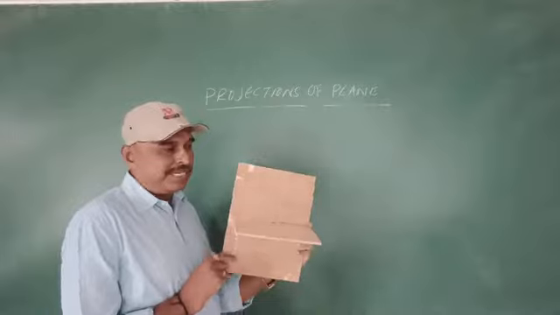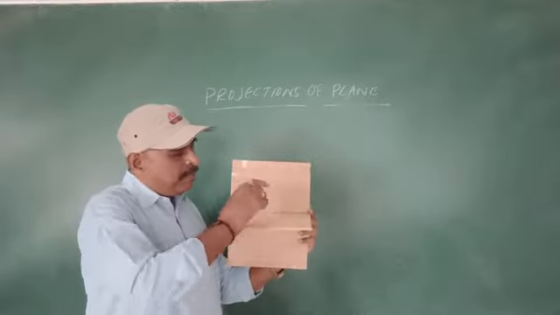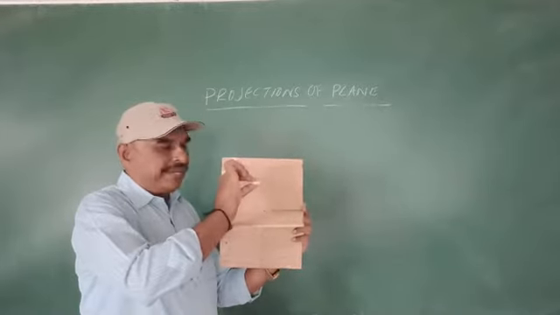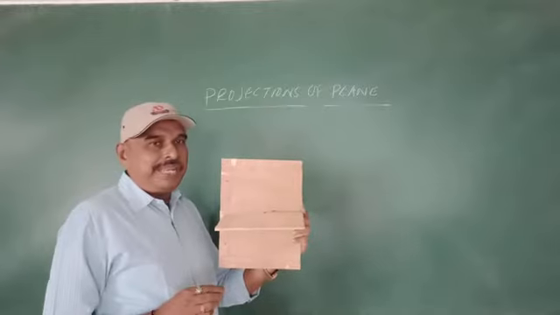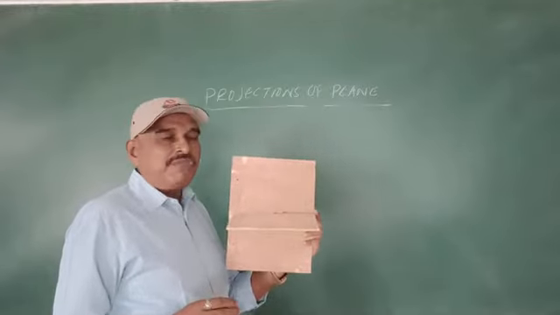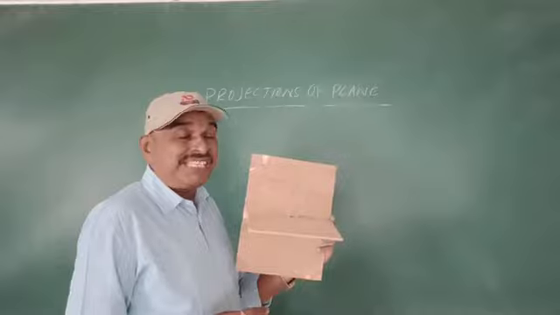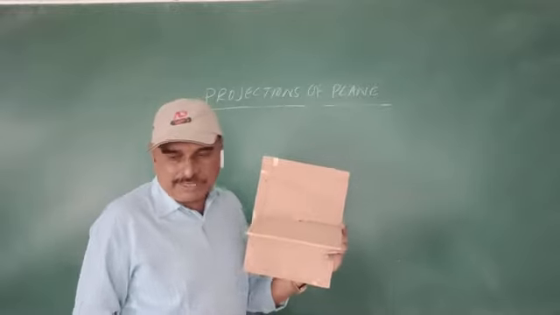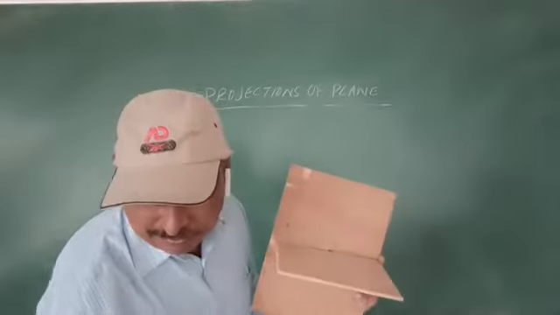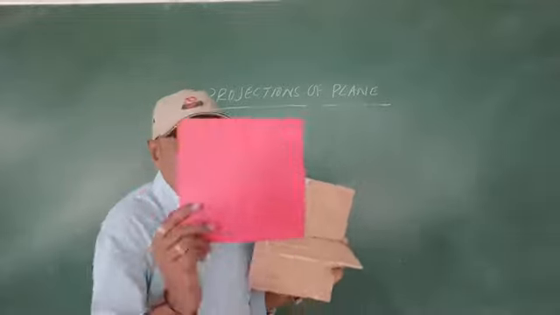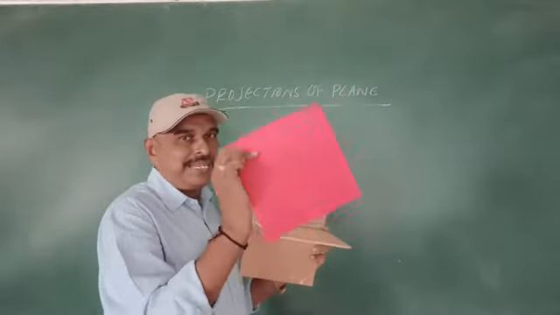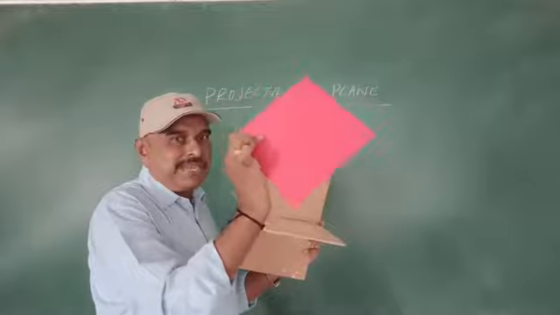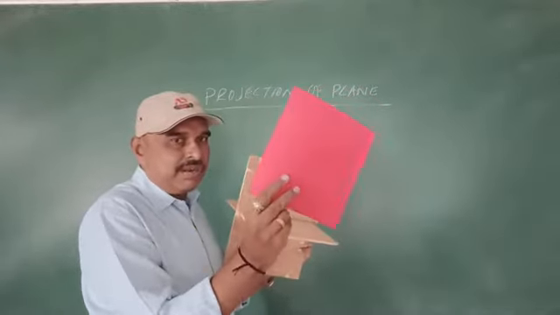First angle projection means placing the object in the first quadrant and obtaining the projections. Plane figure means without thickness, that is very negligible thickness. These are called planes.